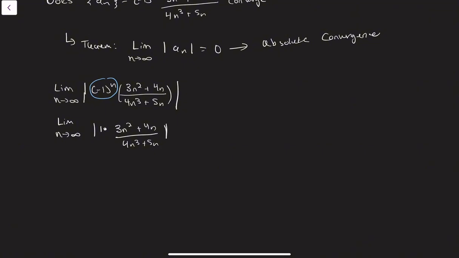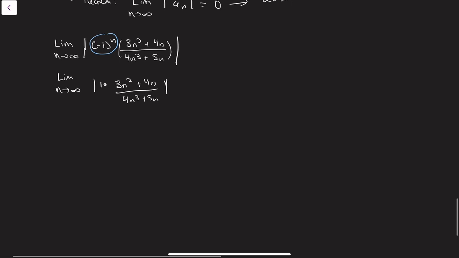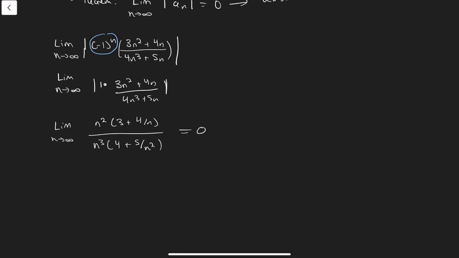Well, it turns out that if we factor out the n squareds, we'll have n squared on the top, and we'll have 3 plus 4 over n, and on the bottom we'd have n cubed times 4 plus 5 over n squared. Well, it turns out that that's just equal to 0, because the n squared cancels, and this becomes n.